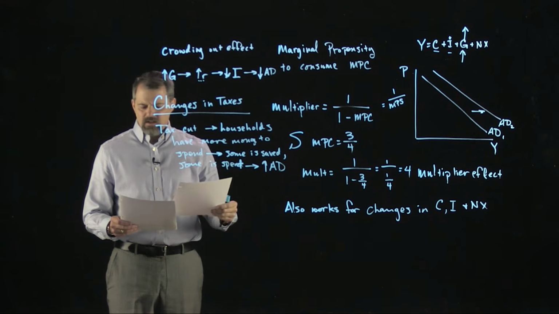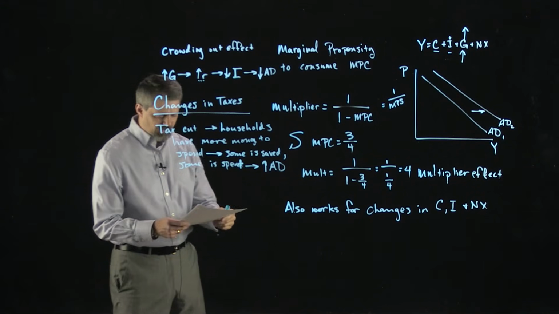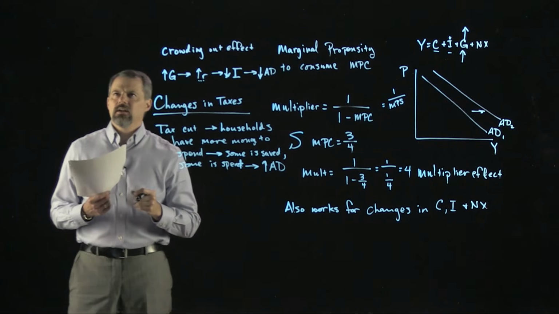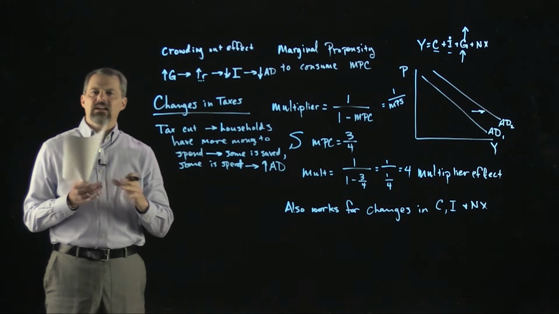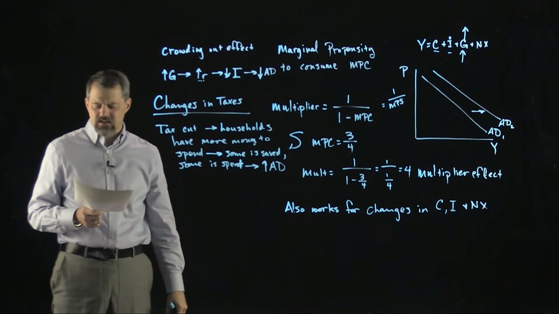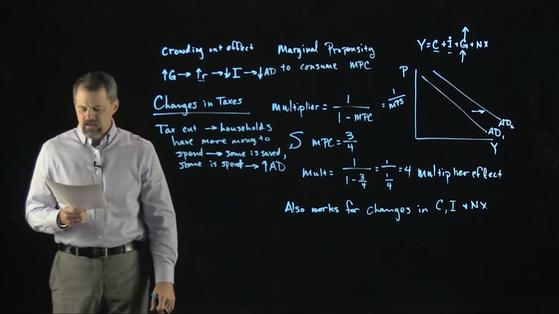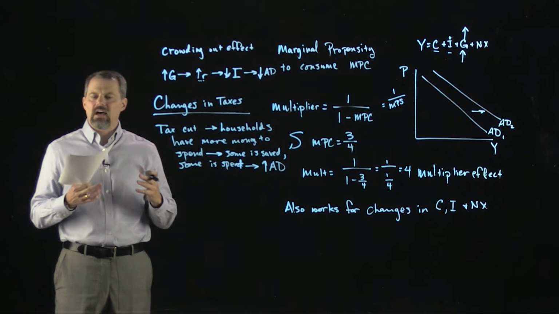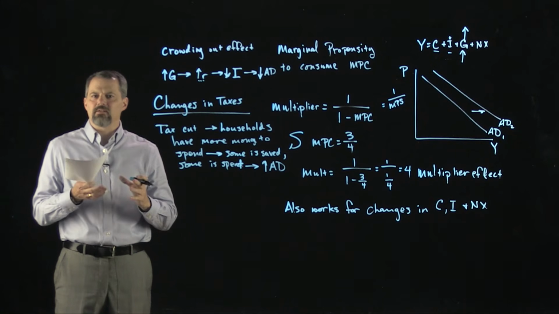The rest of the chapter has to do with kind of a discussion of the argument for and against active government intervention to stabilize the economy. And there's some disagreement amongst economists as to how much the government should try to intervene.